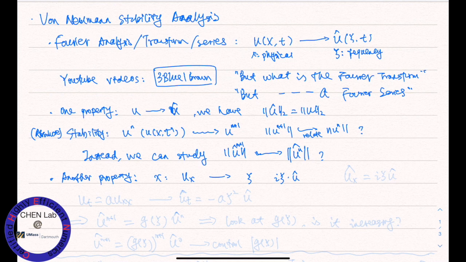The mathematical equation is that the Fourier transform of u_x is equal to i c u hat. It's like multiplying your original Fourier transform by i c. Every time you take a derivative, you multiply by i c.